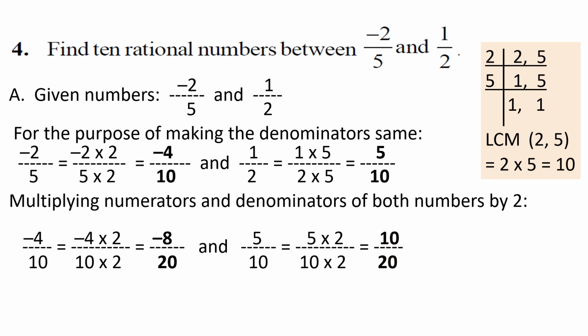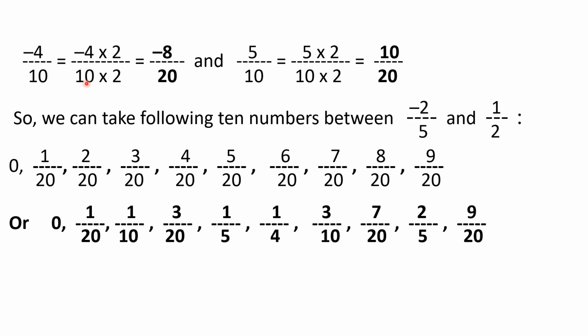How do we do it? I've just written this step again for the purpose of continuity. So we can take the following 10 numbers between -2 by 5 and 1 by 2. Just remember that -2 by 5 is nothing but -8 by 20, and 1 by 2 is nothing but 10 by 20. So I have to concentrate on these numbers.